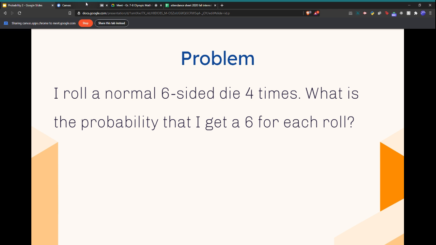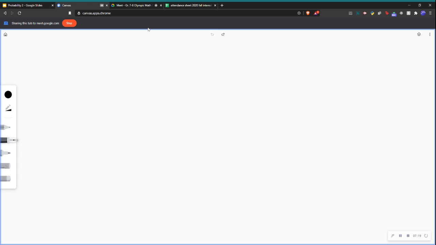All right. So we're looking for the probability that we get 6 for each of the 4 rolls, right? So can someone tell me what the probability is if you roll a 6 on the first roll? So it's the probability of one roll.